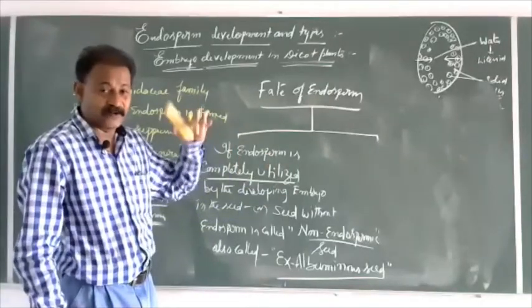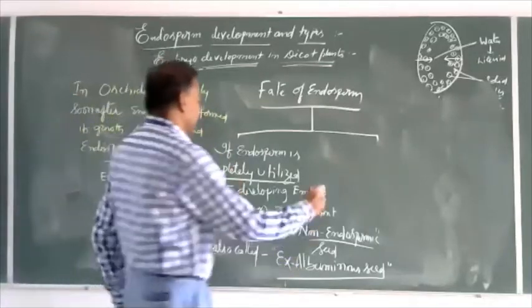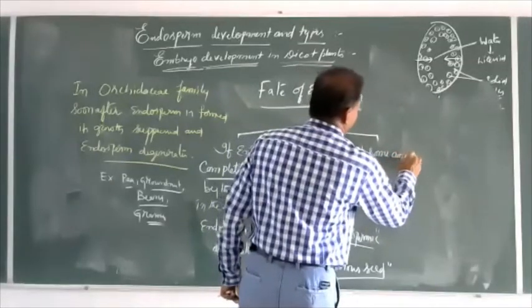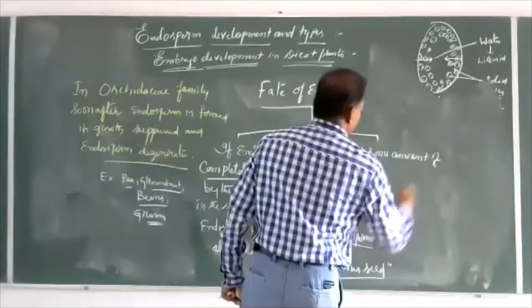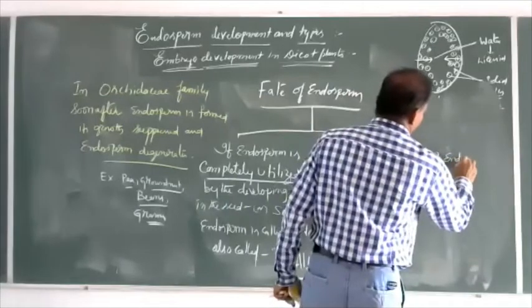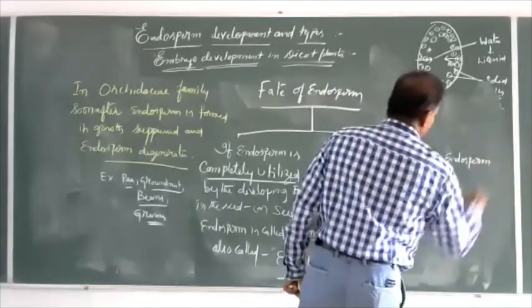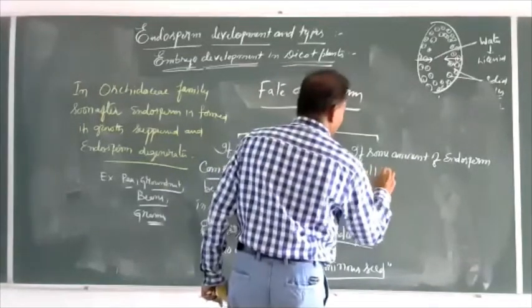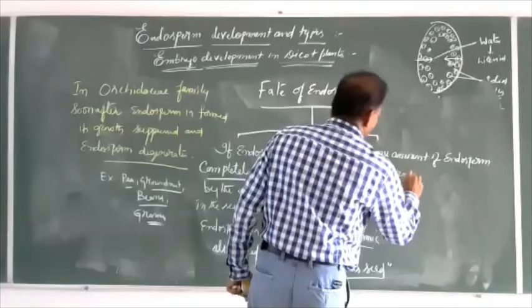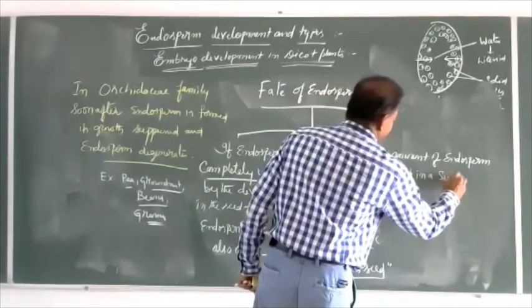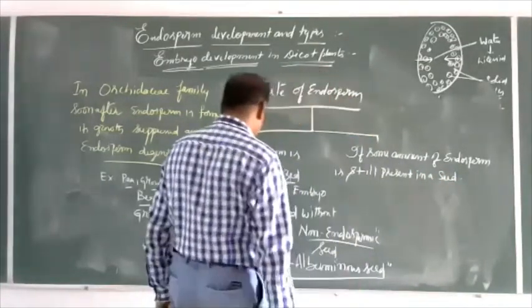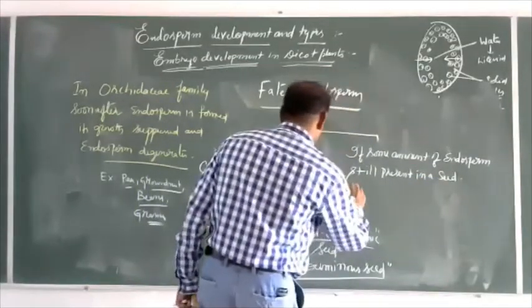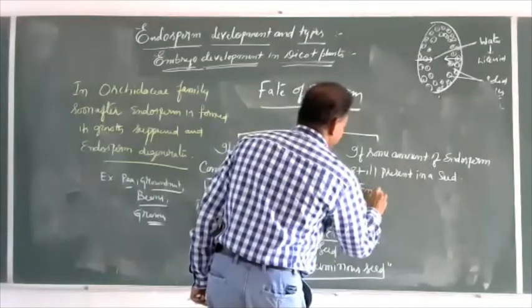If some amount of endosperm is still present in a seed, such a seed is called a seed with endosperm, an endospermic seed.